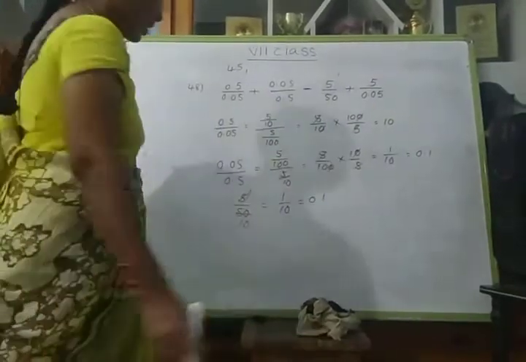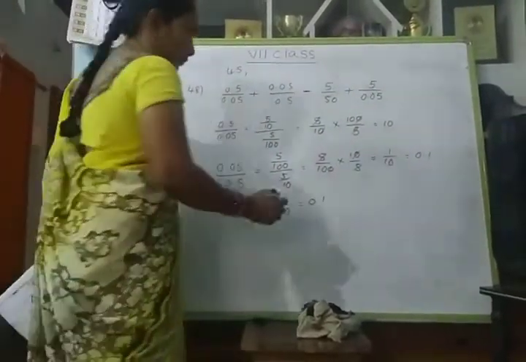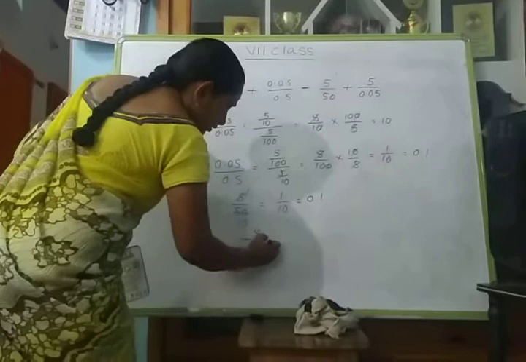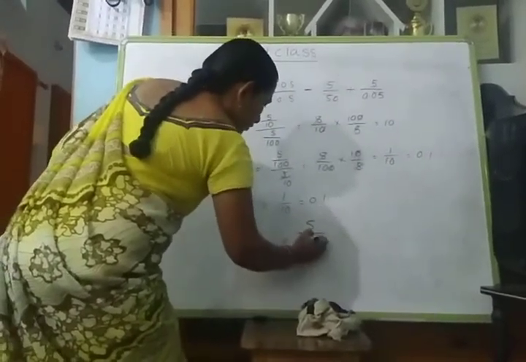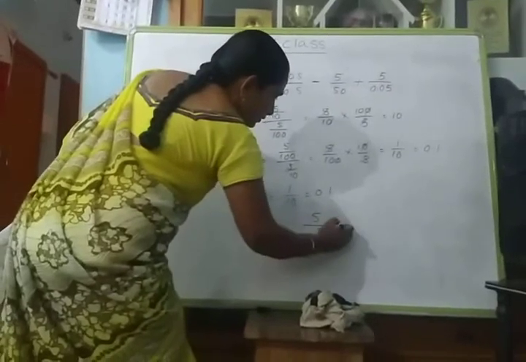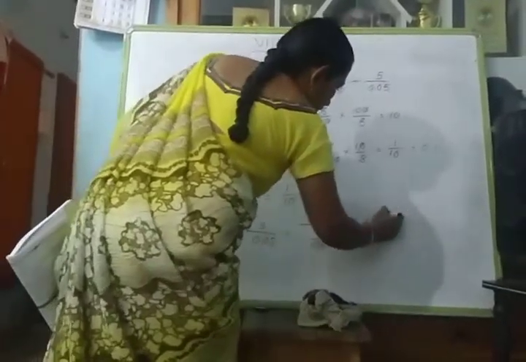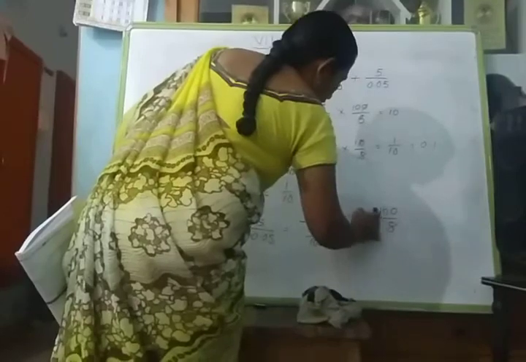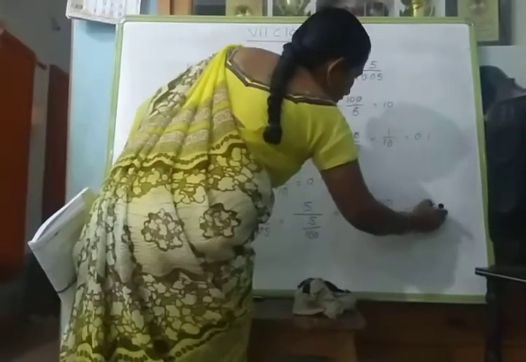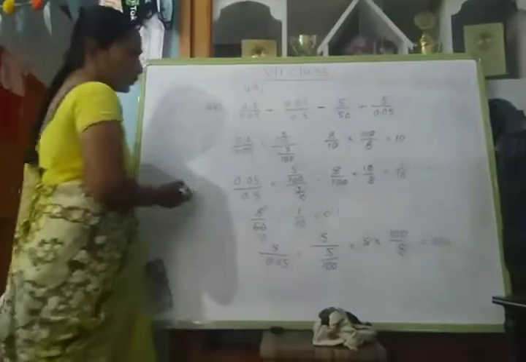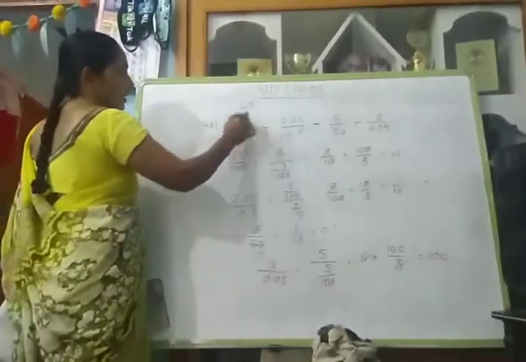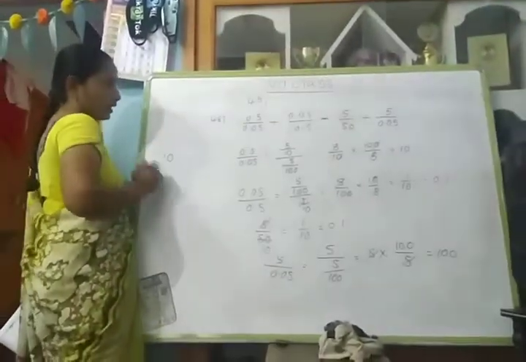Then the last one we have to simplify. See here, 5 by 0.05, that is 5 by 5 by 100. So 5 into 100 by 5, the 5s get cancelled. Here we get 100. So now observe here, we have to add these. First value, how much do we get? 10.